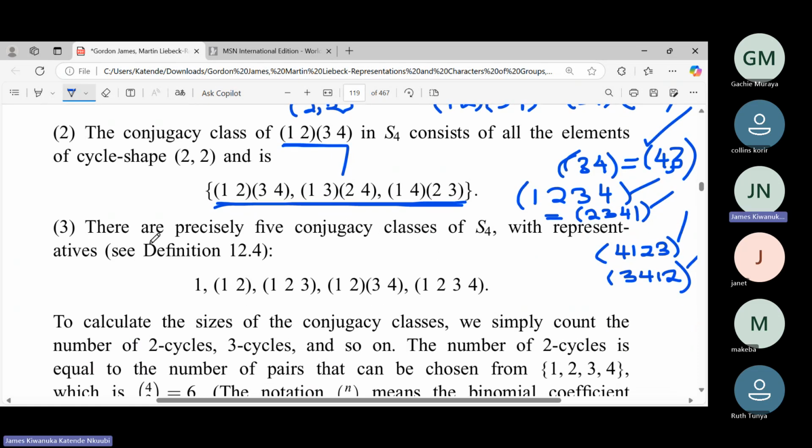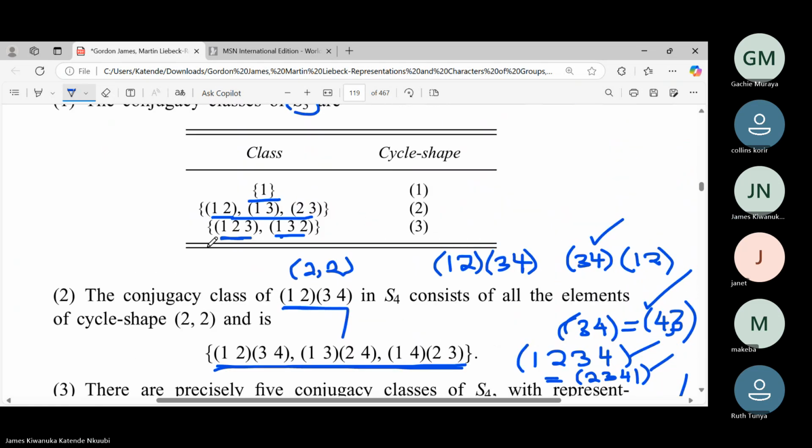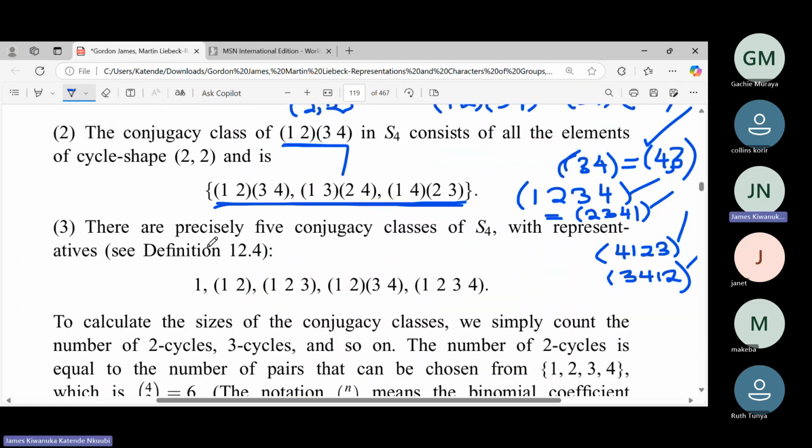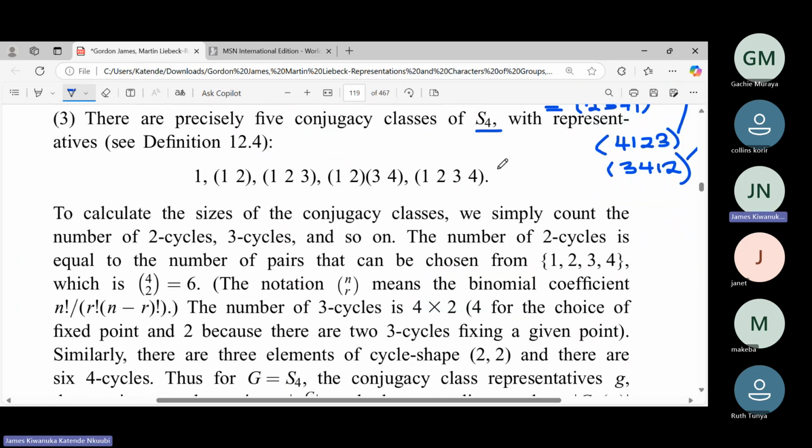So the next one makes a bold statement. It says that there are precisely 5 conjugacy classes of S4. We have found one of them here in example 2. The claim is that these are the representatives, because these are the different cycle shapes you can have in S4.